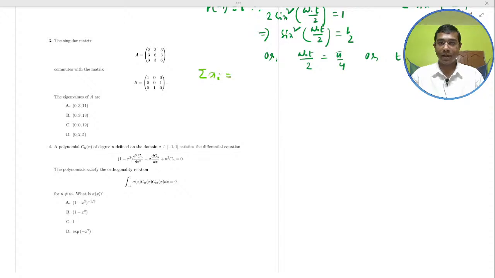The summation of lambda equals the trace of the matrix A. This is equal to 2 plus 6 plus 6, that is equal to 14. So here the combination would become 0, 3 and 11. Option A is correct.